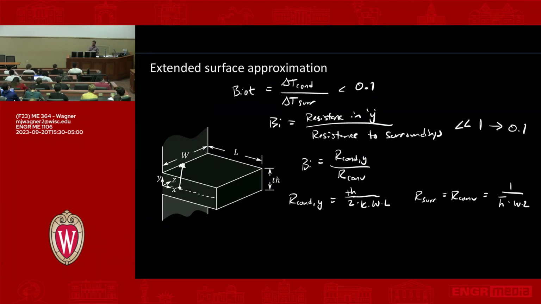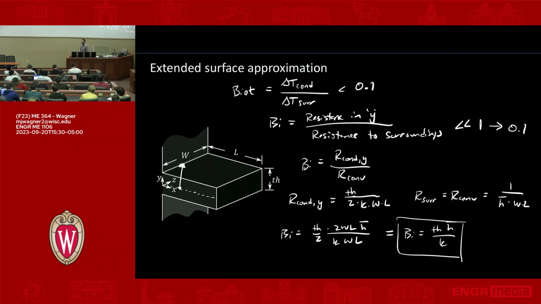Now we can take the ratio of these two things, and we end up with Biot number equal to thickness over 2, here we have 2WL h bar, and here we have KWL. That simplifies down to Biot equal to thickness times h bar over K.